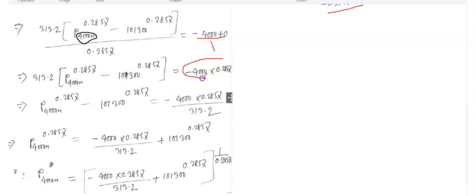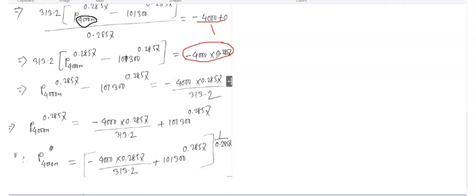Then we divide this 313 on both sides, so we can eliminate this one, and it goes to the right hand side like this. Now we have P negative this value, so if we put this term on the right hand side, it should be positive. So now P equals this term negative this term plus this term.